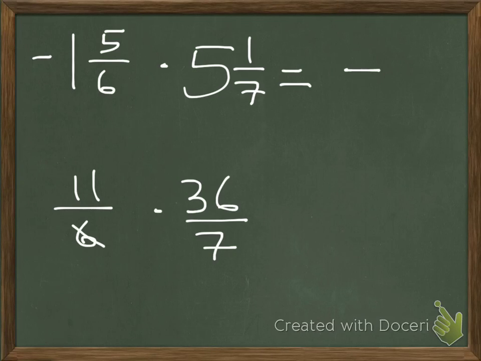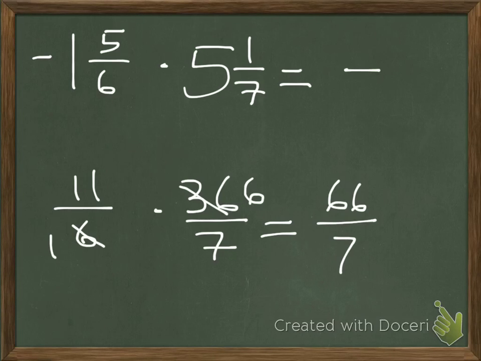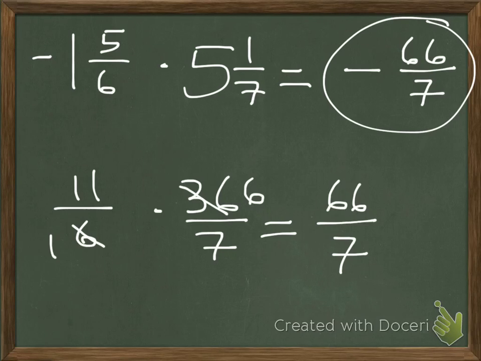I can simplify the 6 and the 36. And then I'm multiplying the numerators to get 66/7. And that is as simplified as I can get it. I know my answer needed to be negative 66/7, so that would be my final answer.